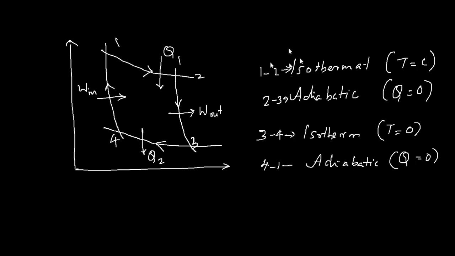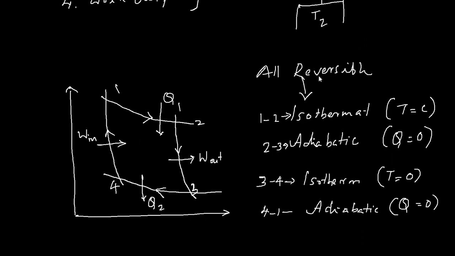So these 4 processes, all reversible, constitute a Carnot cycle. Now this is a PV diagram of a Carnot cycle.